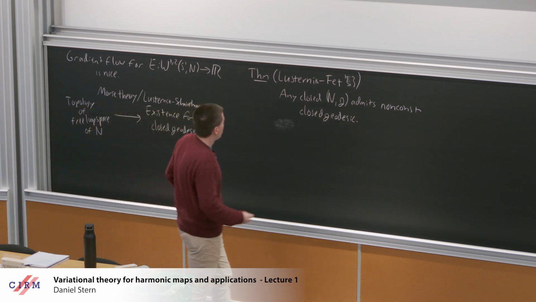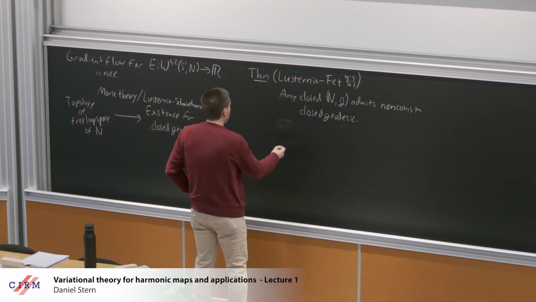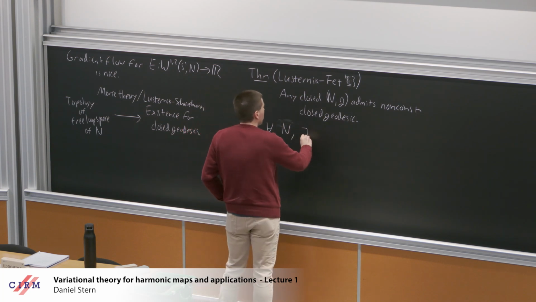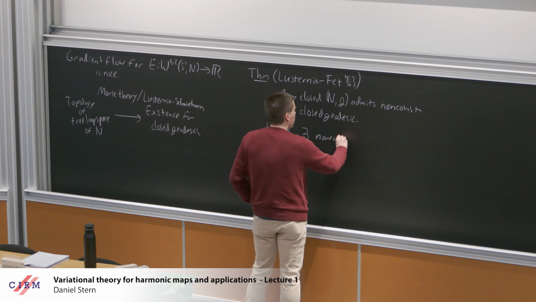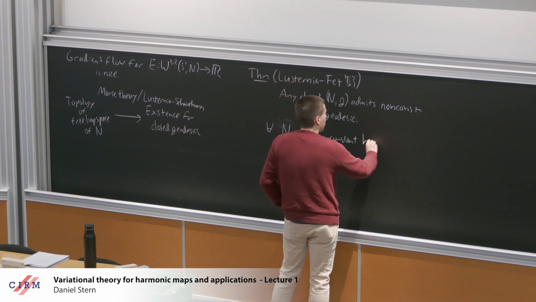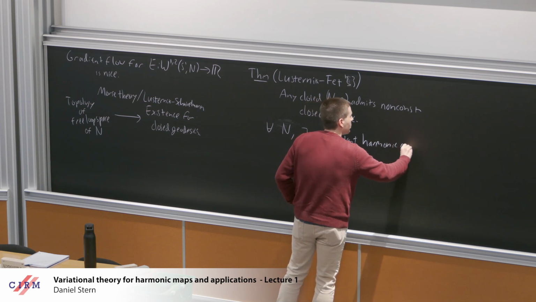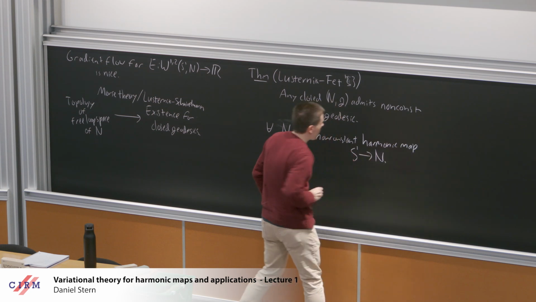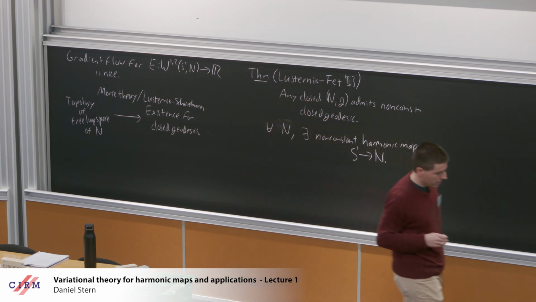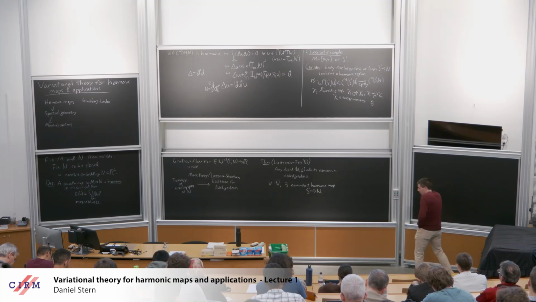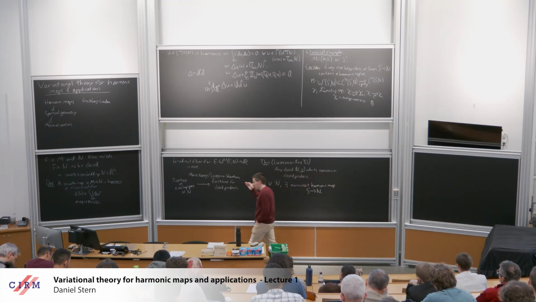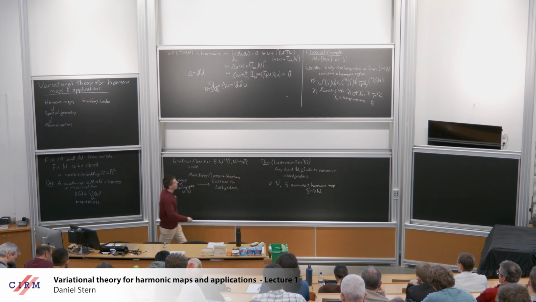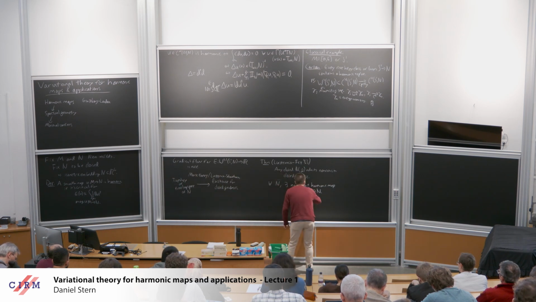So in other words, for the harmonic map existence problem, we have that for any target N, there exists a non-constant harmonic map from S^1 to N. If you're thinking about blood types, then if you're type O, you're a universal donor. If you're type AB, with the right plus or minus, you're a universal recipient. So this is telling us that S^1 is a universal donor in the world of harmonic maps.